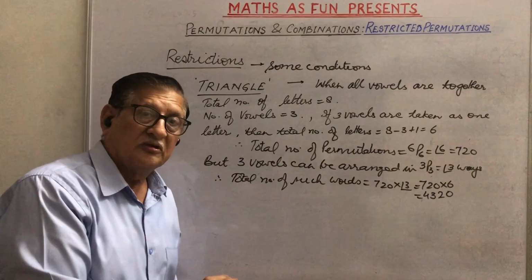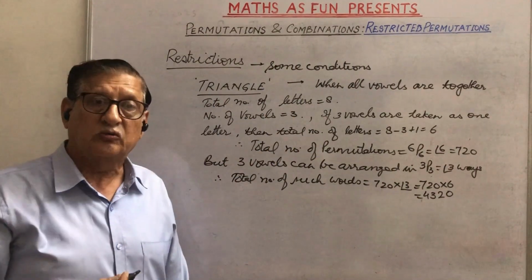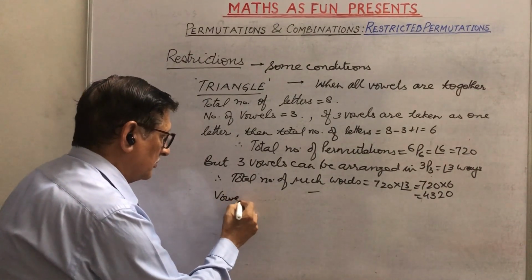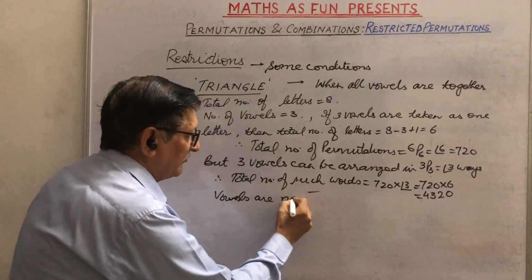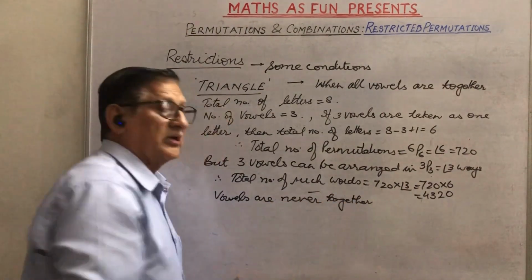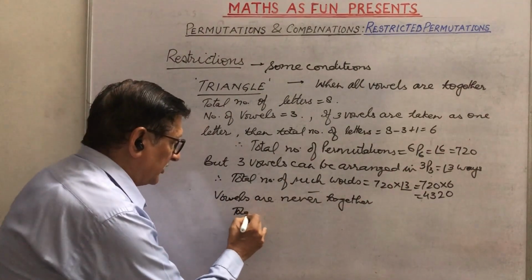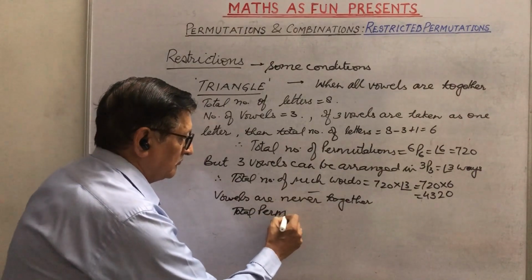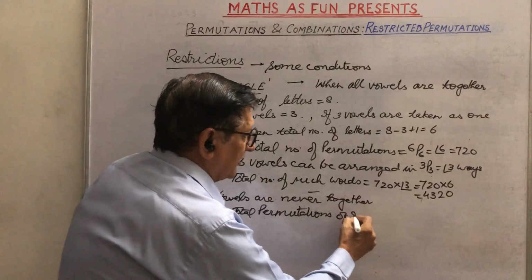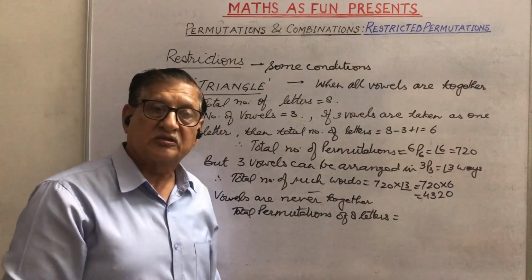Now suppose you are asked to form the words in which the vowels are never together. In that case, what we will do? We will find the total permutations of 8 letters, that is, without any restrictions.